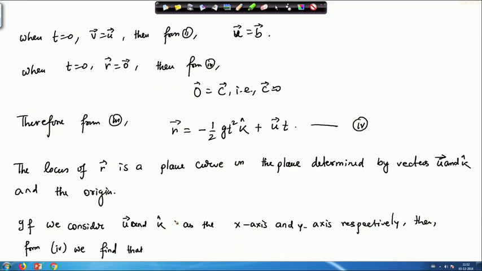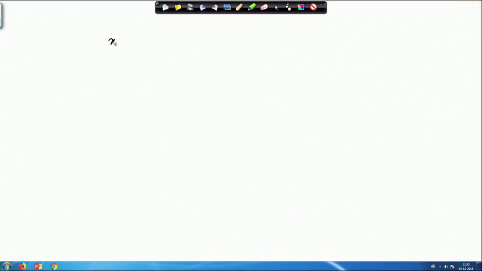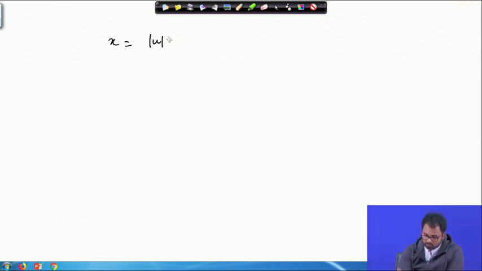So, basically we find that x equals mod of u times t and y equals minus half g t square. So, eliminating t, if I substitute for t here, this will be x by u.